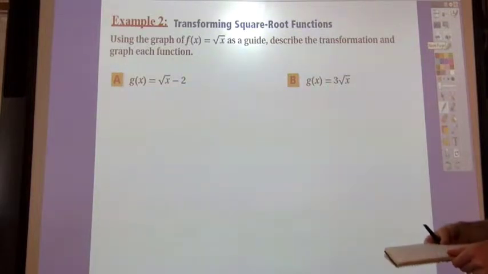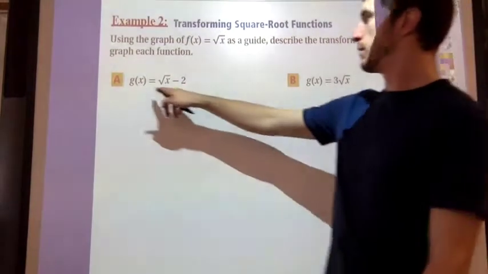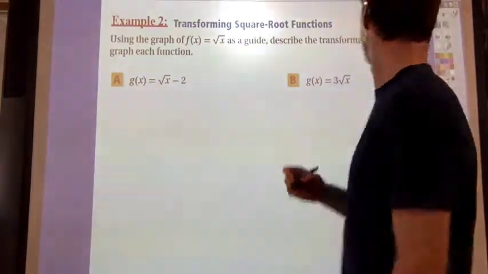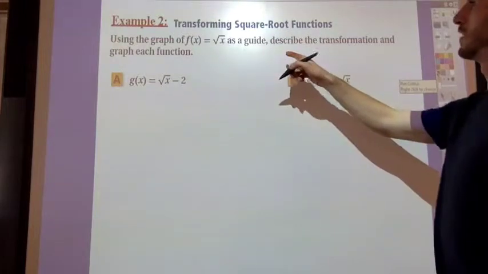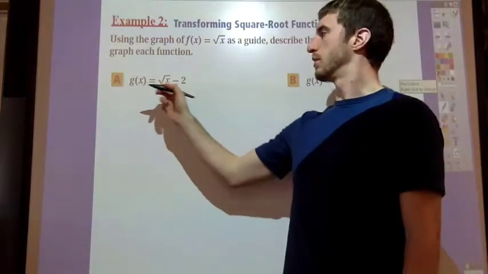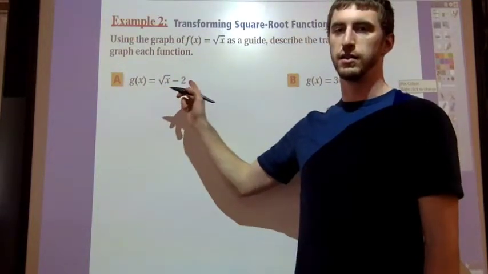Okay, now we've got more transforming of square root functions. So for this one, it wants us to use x squared as a guide. So describe the transformation and graph. So if our parent function is x squared, this is x squared.